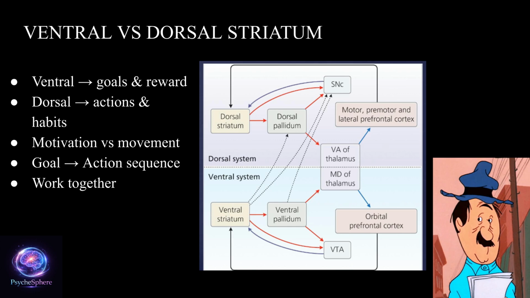The ventral striatum is about motivation and reward, which helps decide what you want, while the dorsal striatum is about action and habit, which helps decide what you do. So first, our brain chooses the goal, then it selects the action to achieve that goal, and this is one of the important ideas in this chapter.